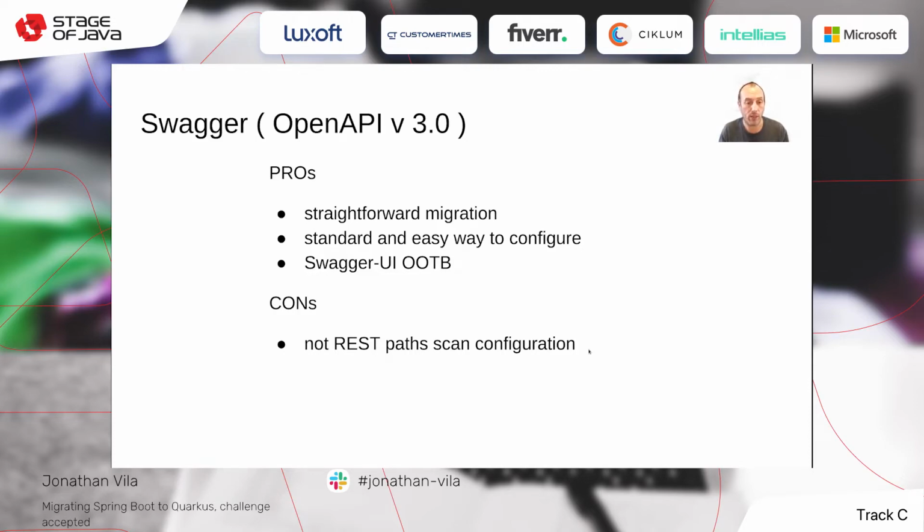I didn't find the way to do the same with Quarkus. So in theory, you cannot hide an endpoint from the documentation. And yeah, the pros: you also have the Swagger UI out of the box that you can also enable in production, and yeah, basically that's it.